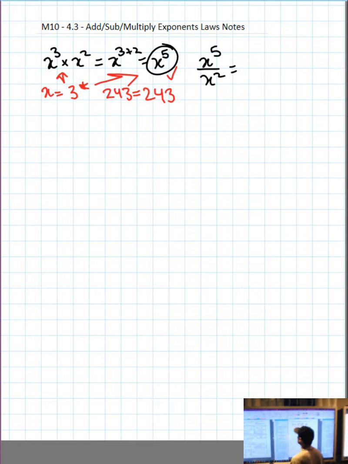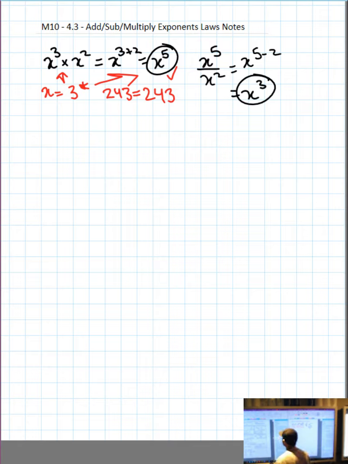On the bottom, I've said x times x. I have an x on the top and an x on the bottom, so I crossed it off. Again, I have an x on the top and an x on the bottom, so I crossed it off. I'm now left with 3 x's on the top, so I know my answer is x cubed. How do I get there? I subtract the exponents. Excuse me, x to the exponent 5 minus 2. And that's x cubed. Circle your answer.